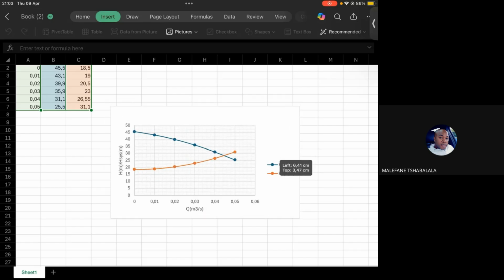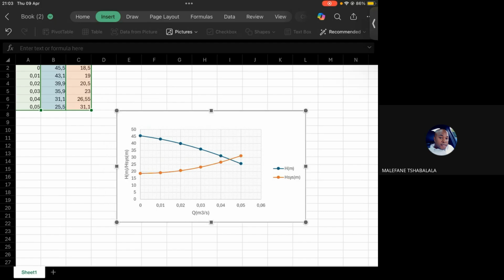So does it give you the graph? It gives me a plain graph that does not have the points. It gives you that plain graph. Yeah, that does not have the points.